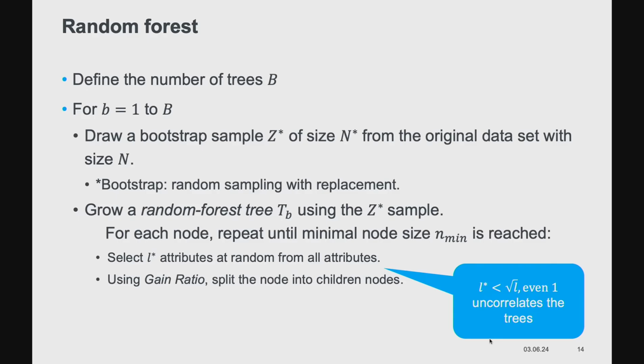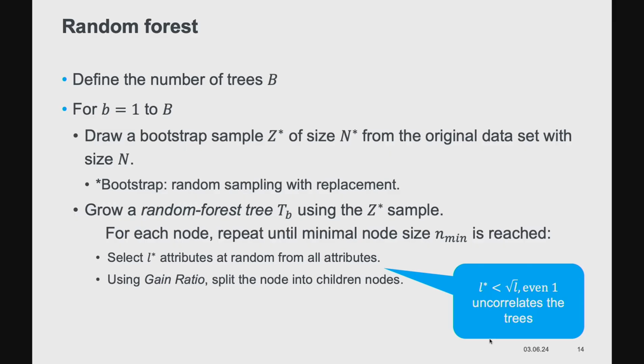And what we also do is we do not consider all attributes, but we select a subset of attributes. So we do not only select a subset of data items from which we learn, we also select a subset of attributes. Why?